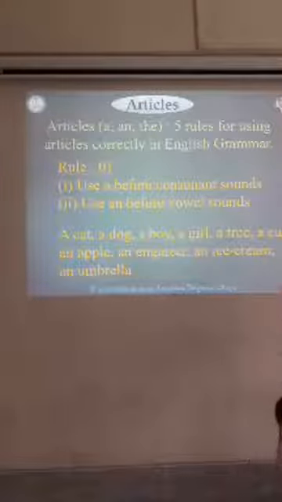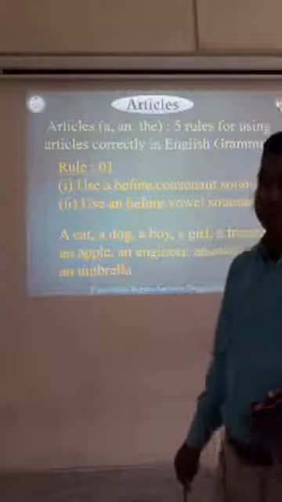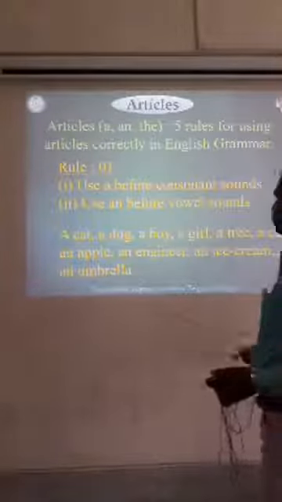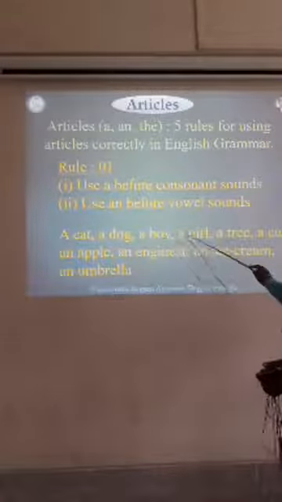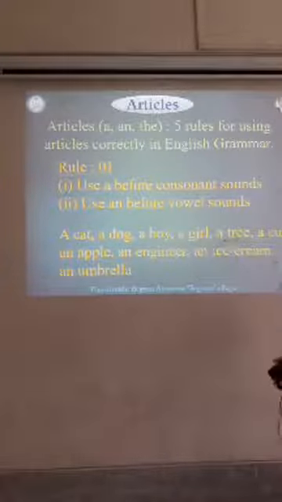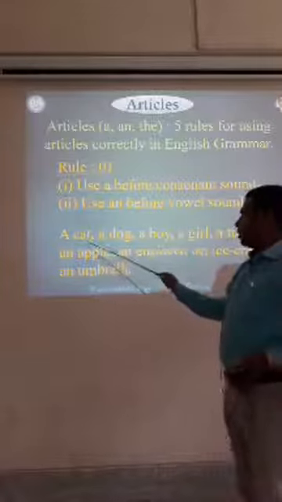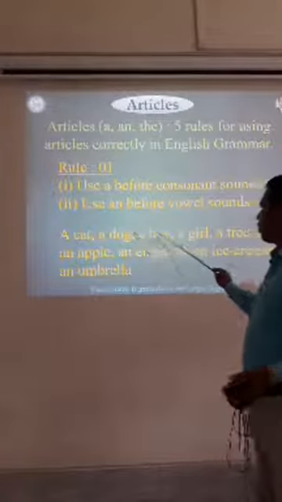I have already told it in your previous slides. That is a cat, a dog, a boy, a girl, a tree, a cup, an apple. There is a consonant sound before.